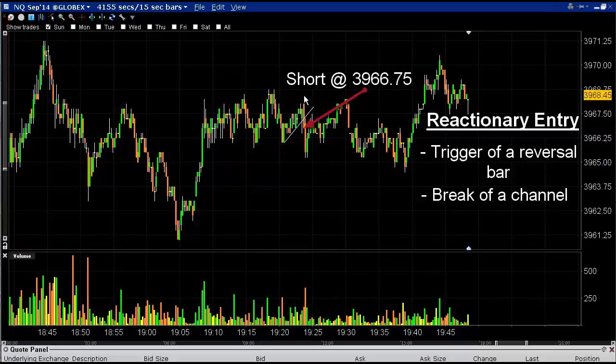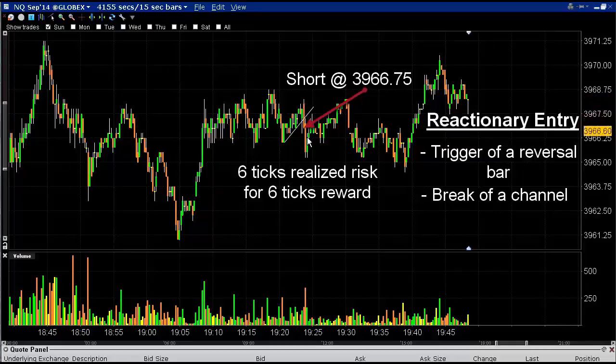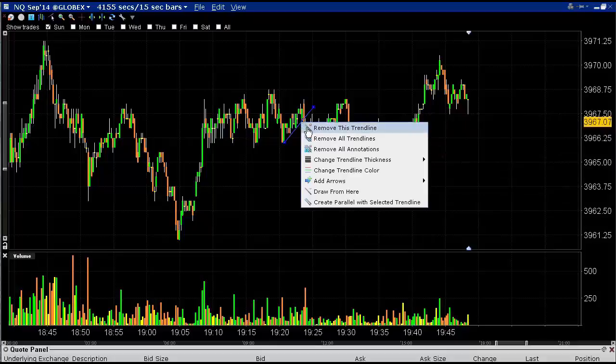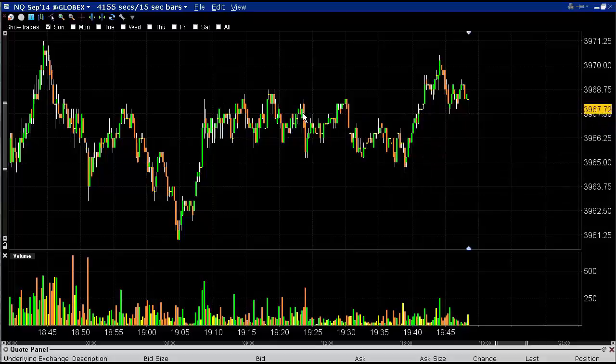So you get 6 ticks for it. Went 6 ticks against you and then went 6 ticks in your favor. 2 for 10, 4 for 8, 6 for 6. Those are the different risk to reward scenarios there. Those are a few of the ways you could have entered that trade.